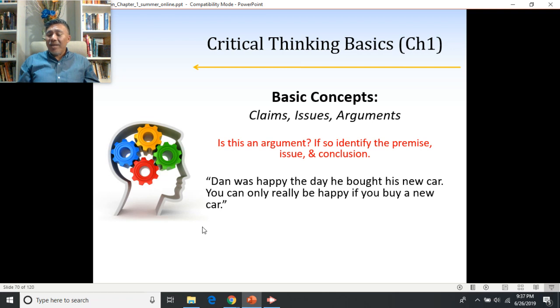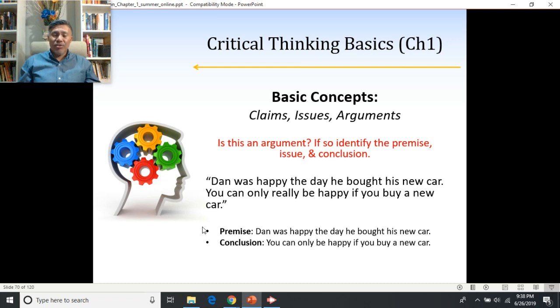You can only really be happy if you buy a new car. Well, that seems to be the main claim because that first claim, the specific example of Dan, is used to support the idea that we'd only really be happy if we bought a new car. So here we have an argument, right? With the first sentence being the premise, and then the second sentence being the conclusion.